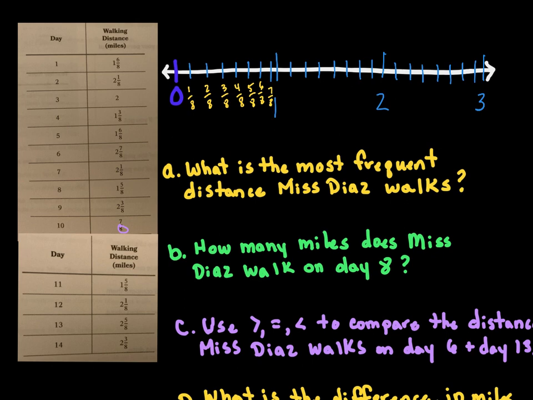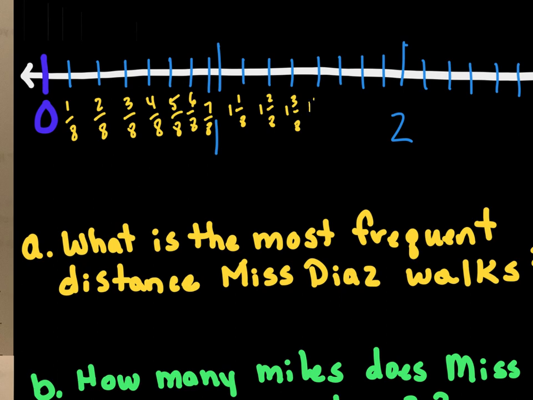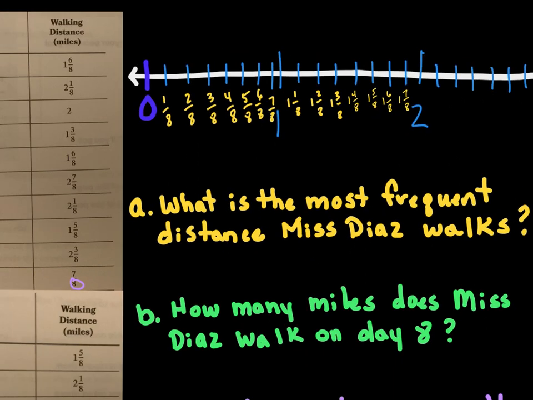Then we have 1 1/8, 1 2/8, 1 3/8. Let's zoom in there. 1 4/8, equivalent fraction, a half. 1 5/8, 1 and 6/8, and 1 and 7/8. And then 1 and 8/8 is just 2, which represents right there the 2 wholes.